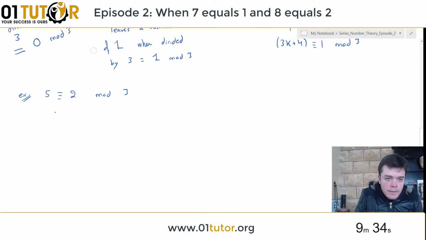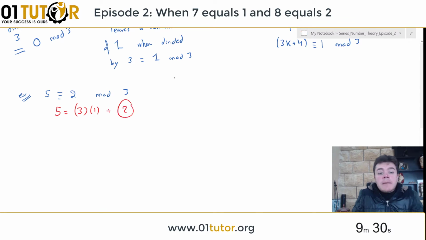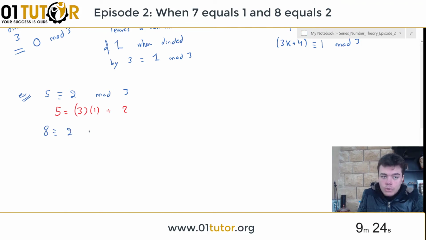And to explain this, 5 is equal to 3 times 1 plus 2. It leaves a remainder of 2 when divided by 3. Okay, same thing goes for 8. 8 is congruent to 2 mod 3. And in fact, any number having the formula of 3k plus 5 is congruent to 2 modulo 3.